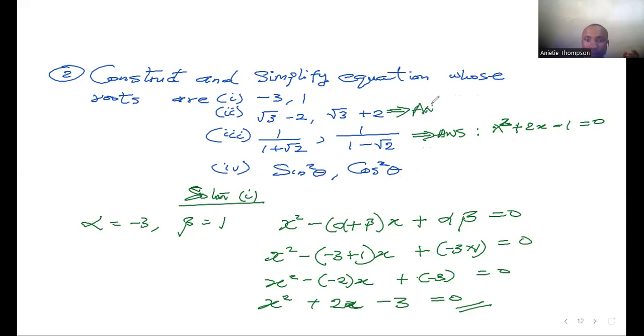ANS: the equation from here is going to be x squared minus 2 root 3 x minus 1 equals 0.